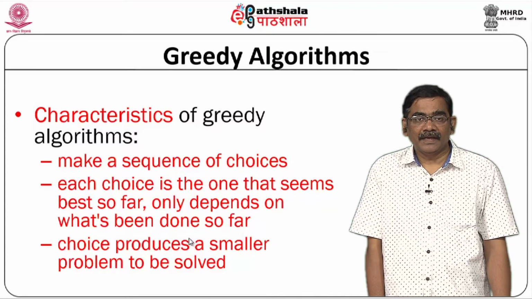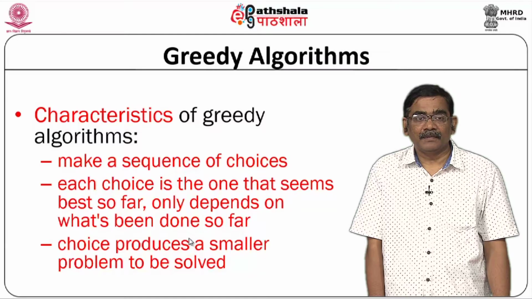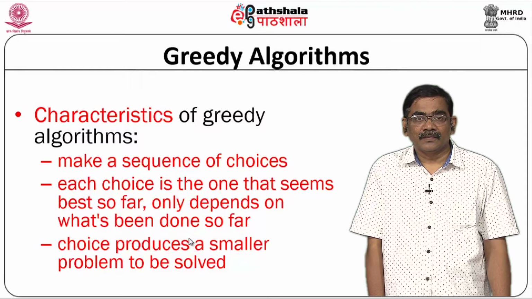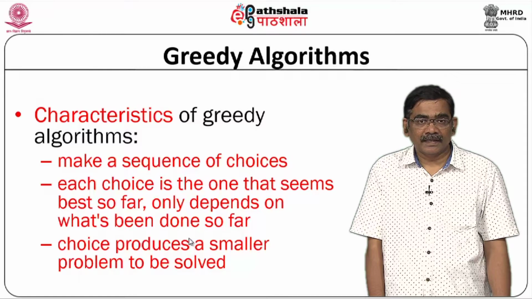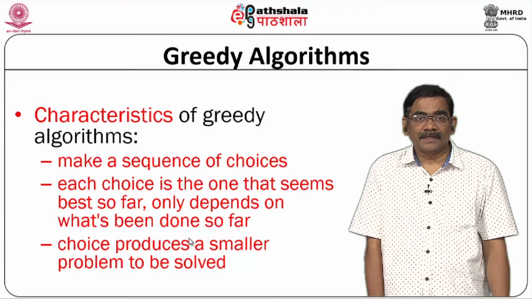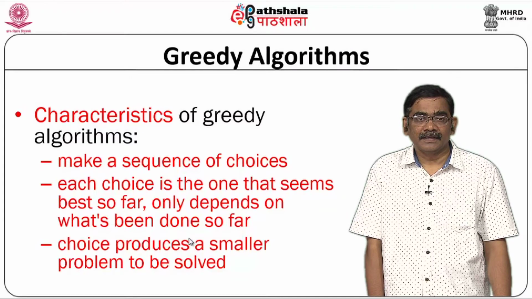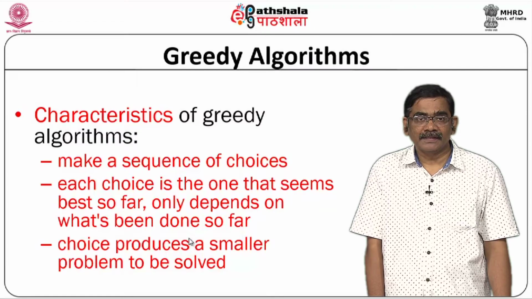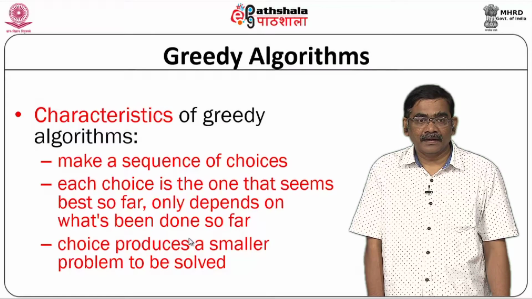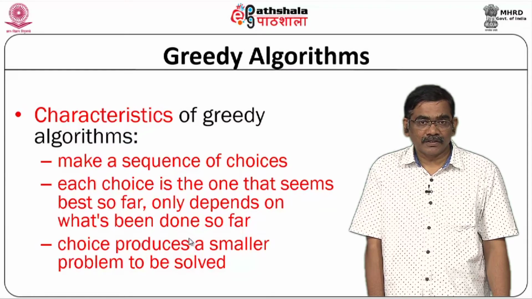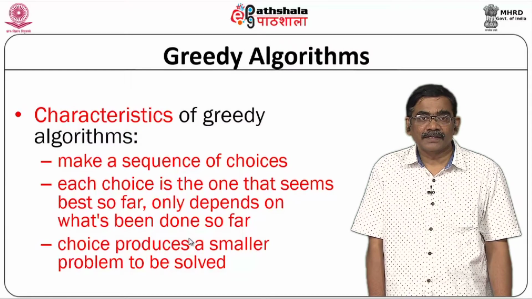Once I make the choice, then the problem is reduced. By continuing like this, we are able to solve the given problem. So, the essential characteristics are multiple choices, sequence of choices, local optimality, and the usage of the choice reduces the instance.